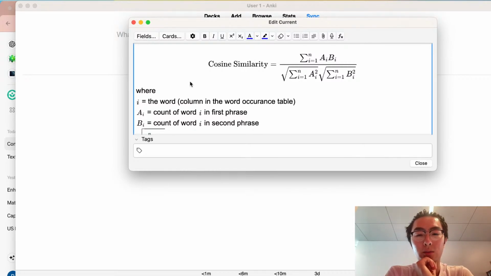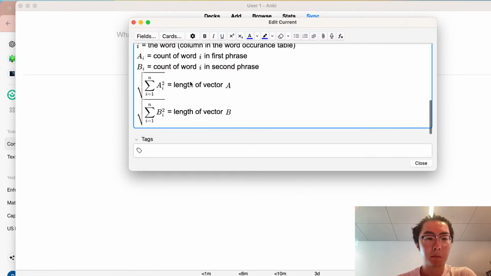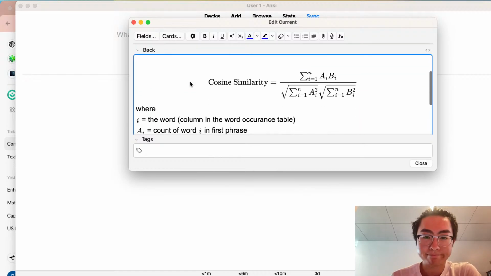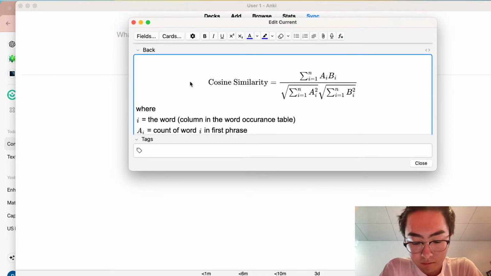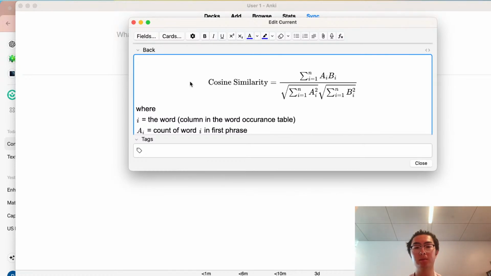Why do we need to multiply them? It does create a new vector, right?